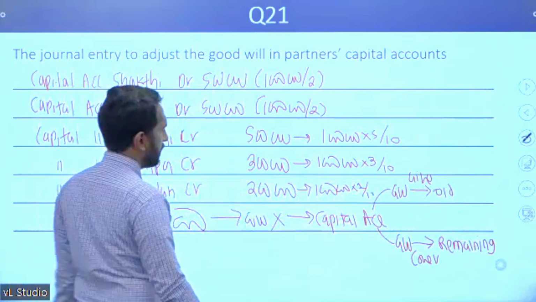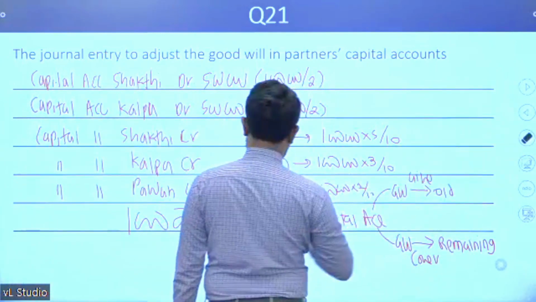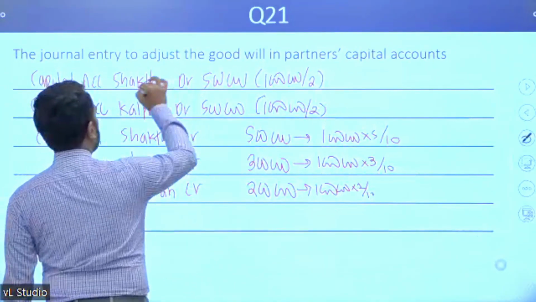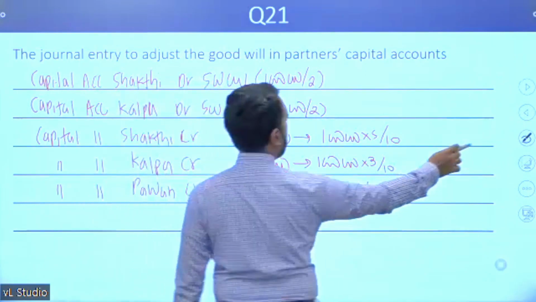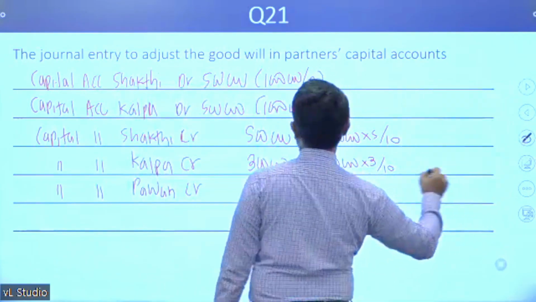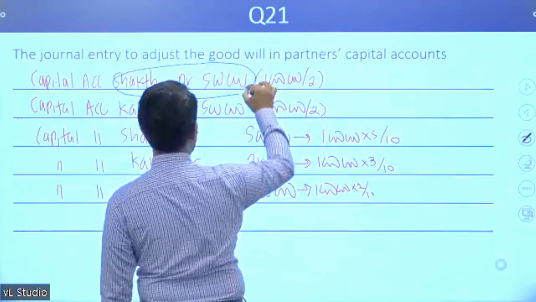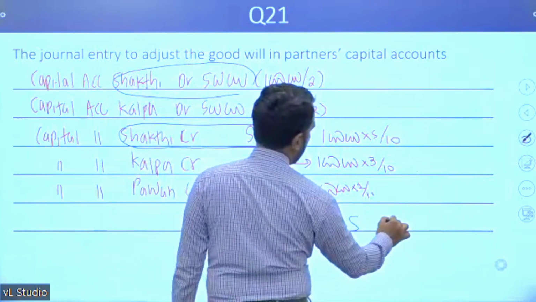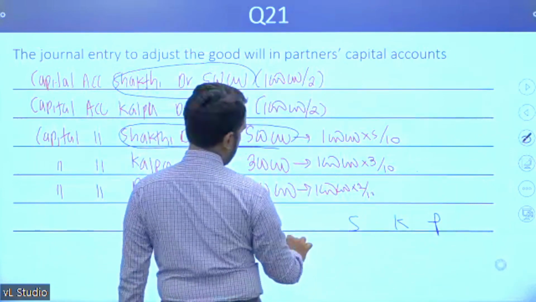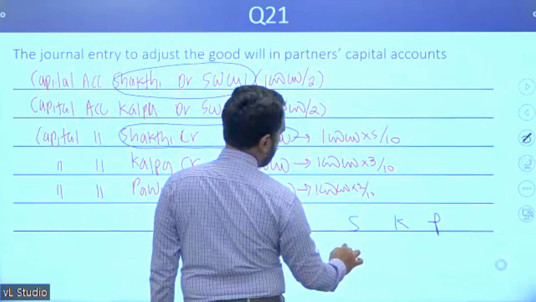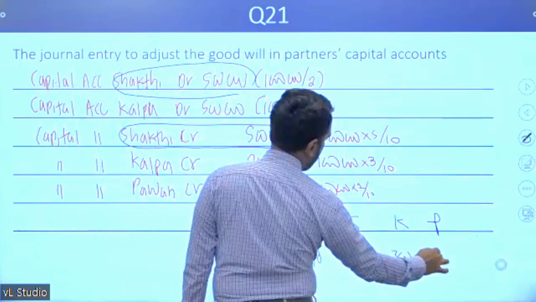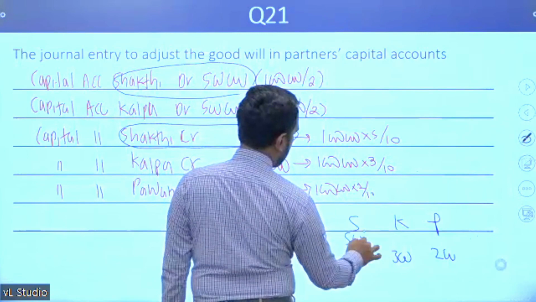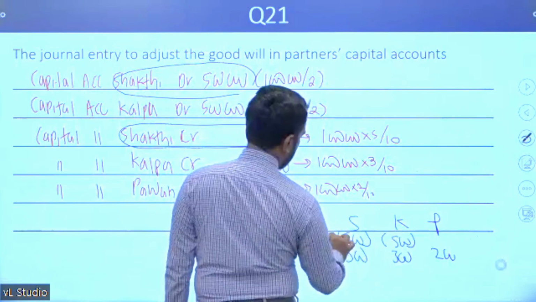So basically, if I were to show it to you: Shakti's capital account, debit 500,000, credit 500,000, there's no impact. Shakti, Kalpa, and Pavan, under the old ratio, 500, 300, and 200, you are going to credit. Under the new ratio, 500 and 500 will be debited.